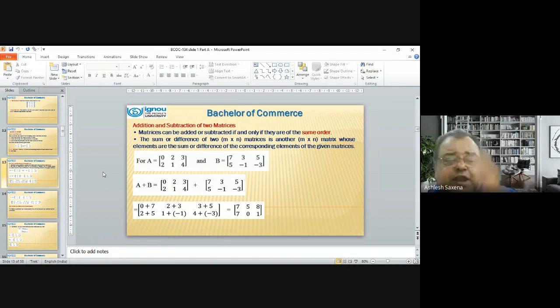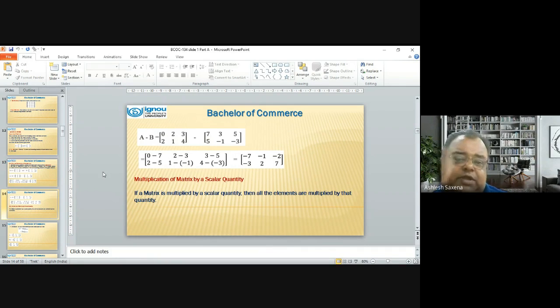So this was related to addition. Similarly, the same thing applies for subtraction. First of all, the order will remain the same in both A and B, and we have to subtract. Now you see, A is 0, 2, 3, 2, 1, 4, and B is 7, 3, 5, 5, minus 1, minus 3. We have to subtract.